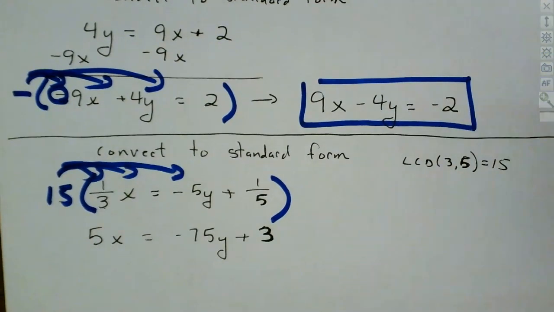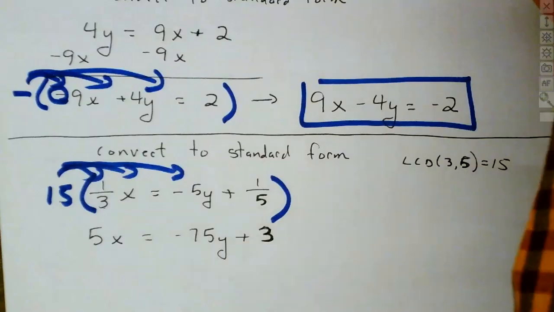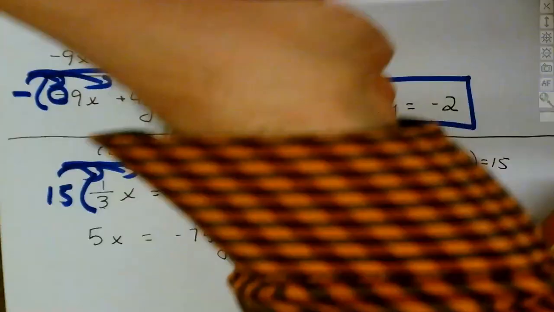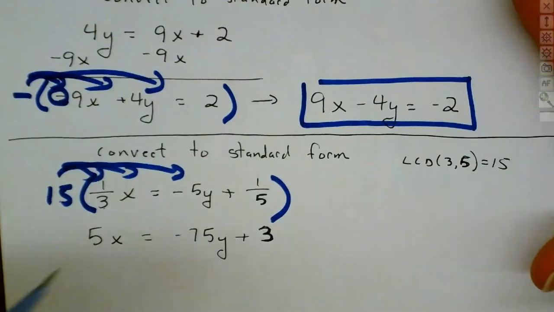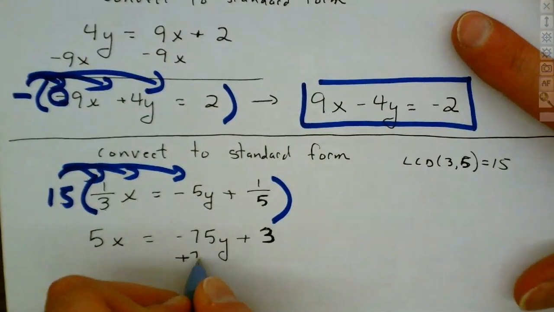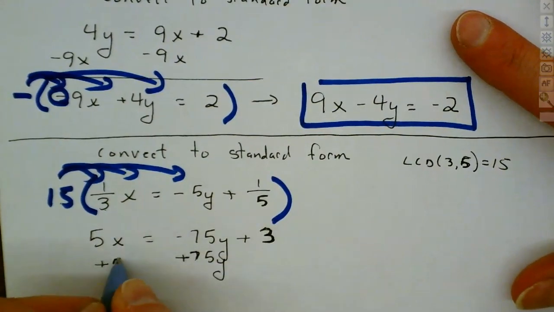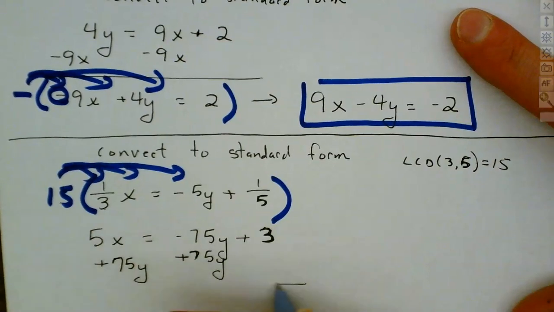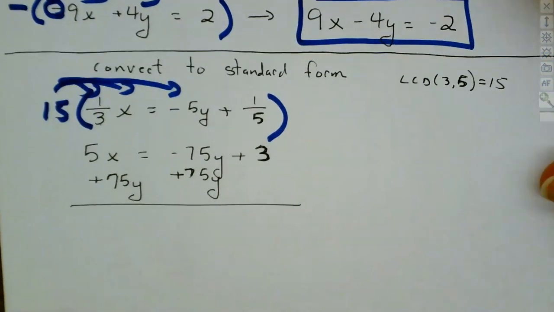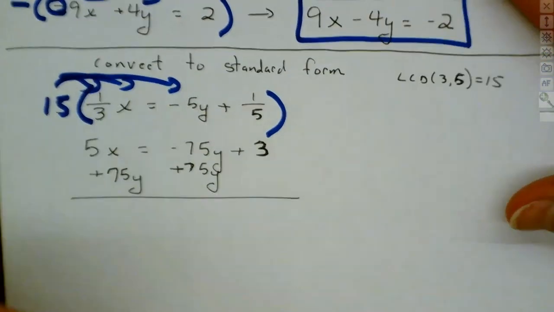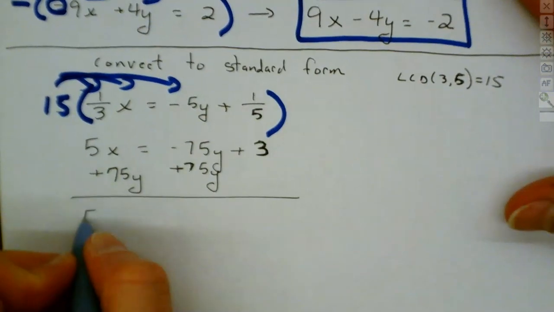Now, how do we get this in standard form? To get it in standard form, we need to move this y over. So I'm going to add the 75y over. And now we have it in the correct order. The x always goes first.